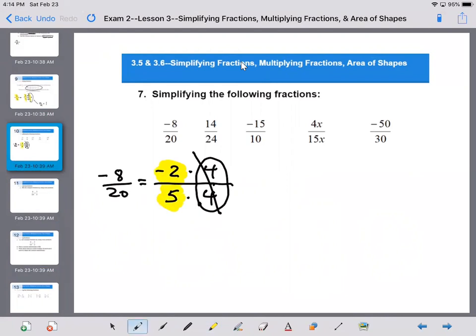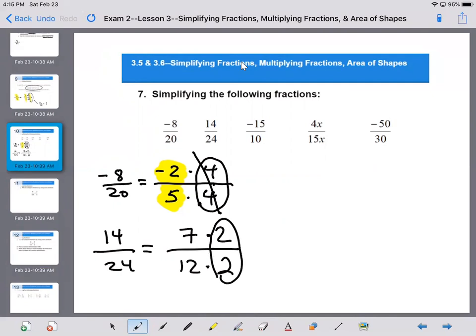If you take 14/24, well, this would be 7 and 2 and 12 and 2. 7's prime. 7 will not divide 12. And here it looks like there's my n divided by n, which will divide out, which leaves us with 7/12 as a result.